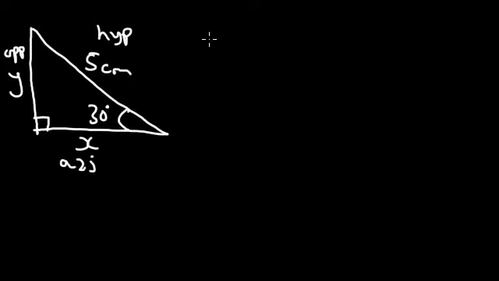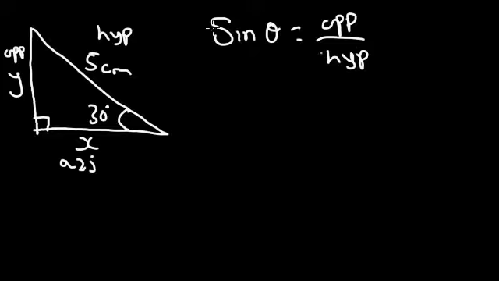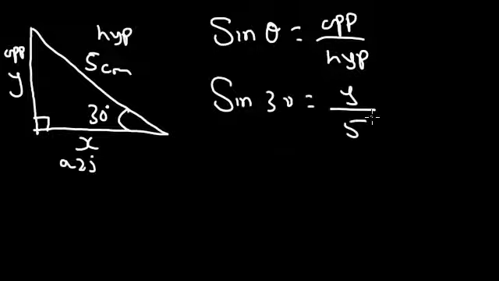Perfect. And this is how I would recommend you solve any kind of problem, so that your solution will be straightforward. So now, what function do you think will work best? Well, since sine of angle theta is opposite over hypotenuse, this function will definitely help us out, because it has all that is given, as well as what we can solve for. So therefore, we have sine of 30 equals opposite y divided by hypotenuse 5.